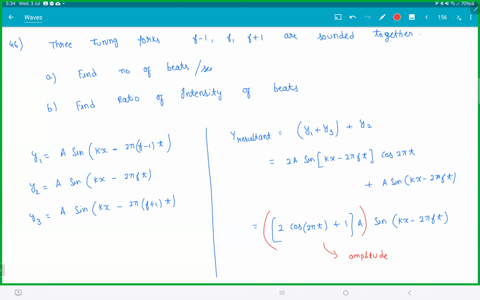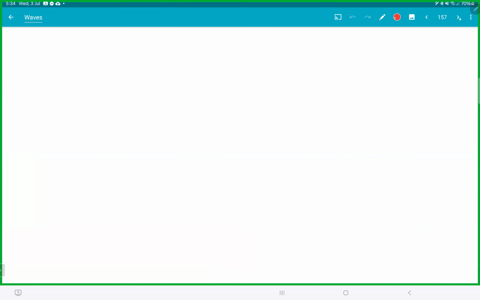Now, if I try to plot a waveform for this, what do you see? We have amplitude (2cos 2πt plus 1) into a. You can clearly see this value: cos 2πt goes from minus 1 to plus 1.